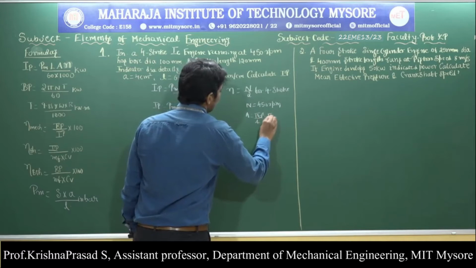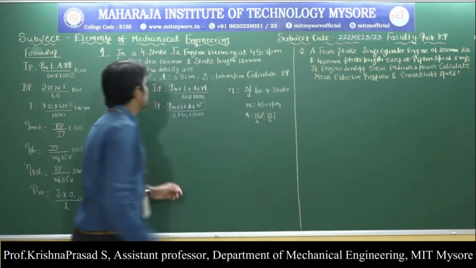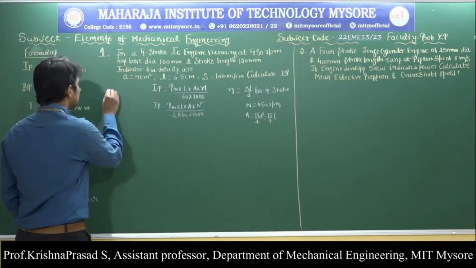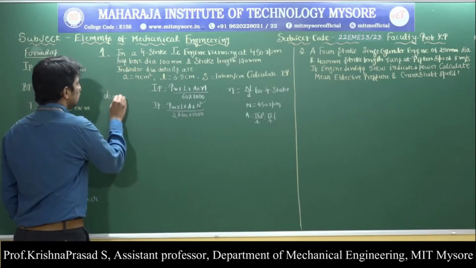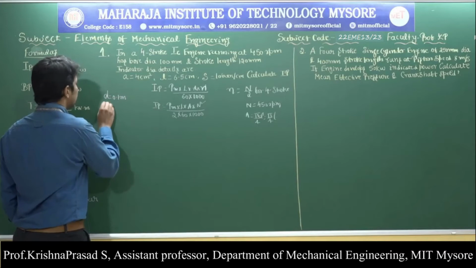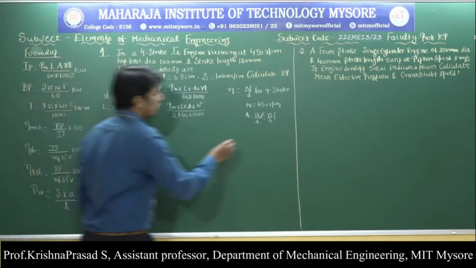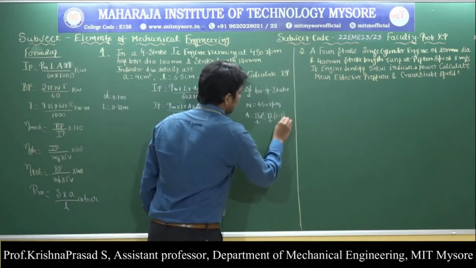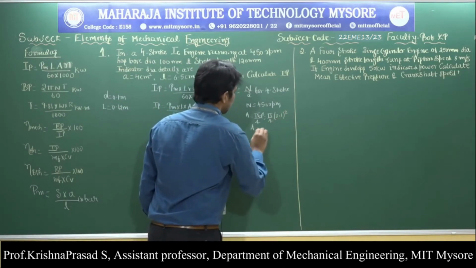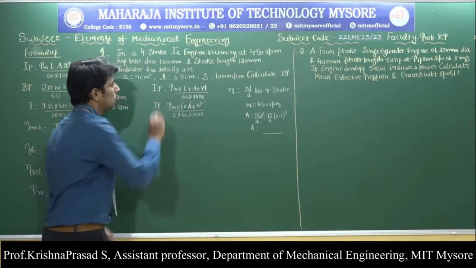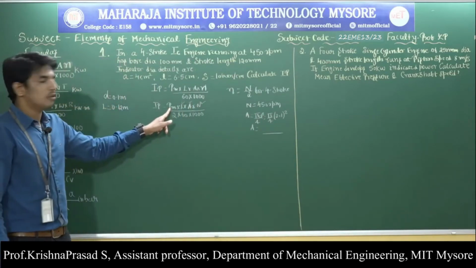You have to convert the diameter to meters, that is d is equal to 0.1 meter and L is equal to 0.12 meter. Therefore 0.1 whole square. So calculate the area. Area we know, L we know, but PM we need to calculate.